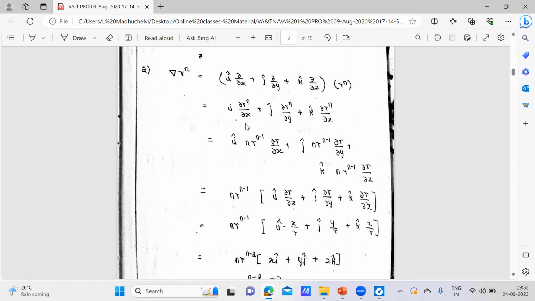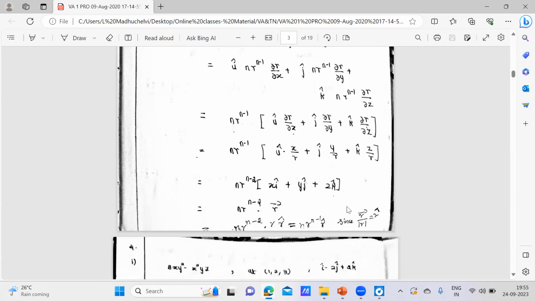That is I into dou by dou x of r power n is n into r power n minus 1 dou r by dou x plus j into dou by dou y of r power n is n into r power n minus 1 into dou r by dou y plus k into dou by dou z of r power n is n into r power n minus 1 dou r by dou z. That is equal to n into r power n minus 1 I dou r by dou x plus j dou r by dou y plus k dou r by dou z.